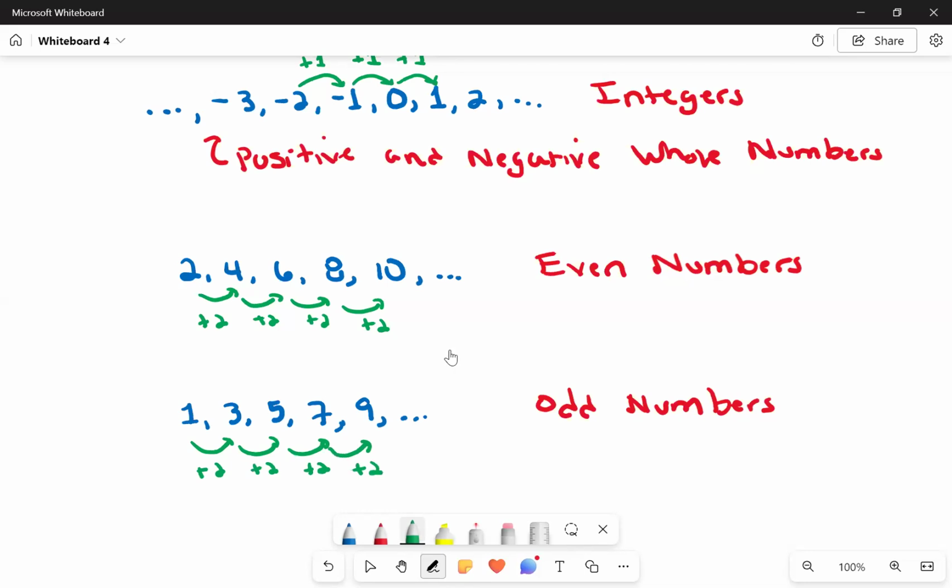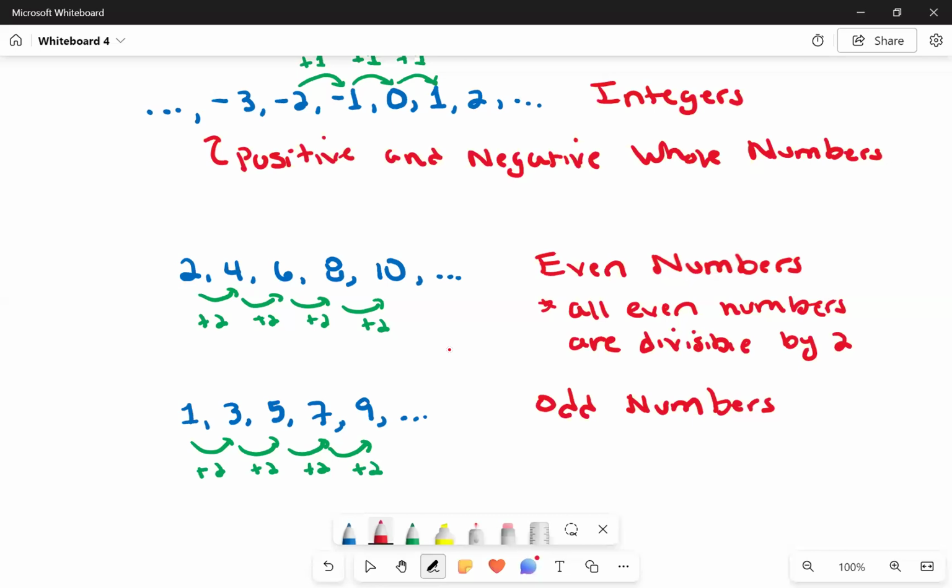And the reason we associate 2 with the even numbers is that all the even numbers are divisible by 2. But that's not the case with the odd numbers. The even numbers are divisible by 2. Odd numbers are not. However, we notice they have a common pattern.